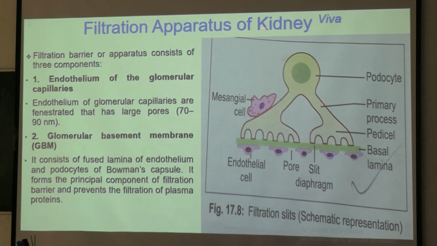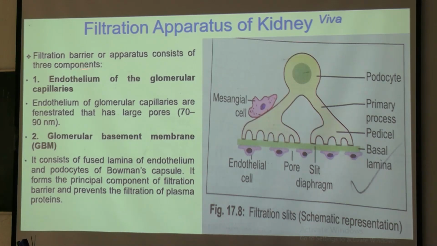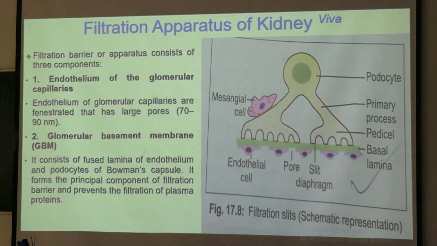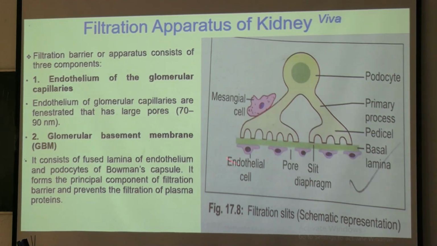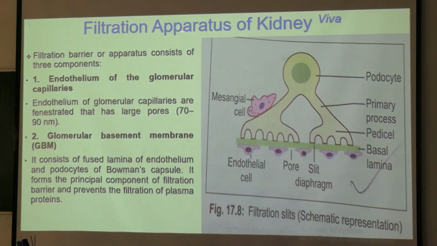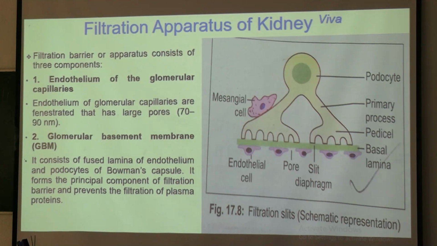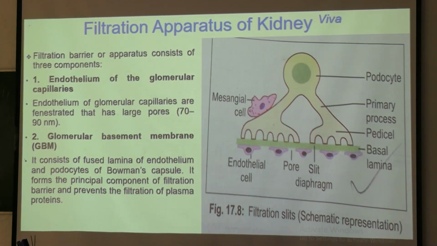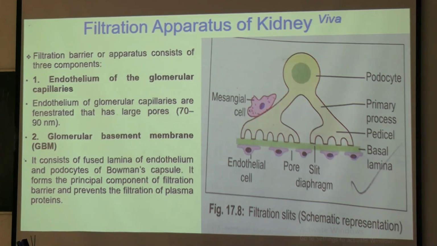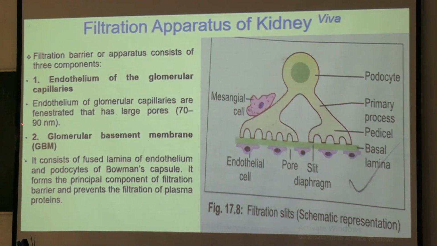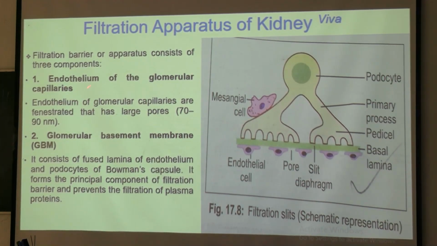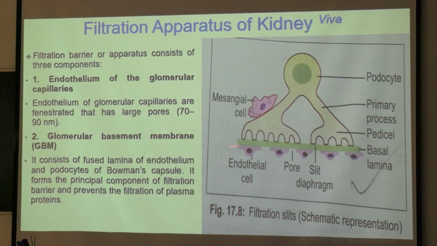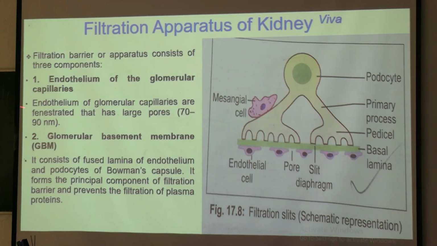So the filtration barrier or apparatus of the kidney consists of these three components. You practice a schematic diagram like this. It comes as a short note, or you may also be asked in viva what the three parts of the filtration apparatus are. First is the endothelium of the glomerular capillaries, lined by simple squamous epithelium.